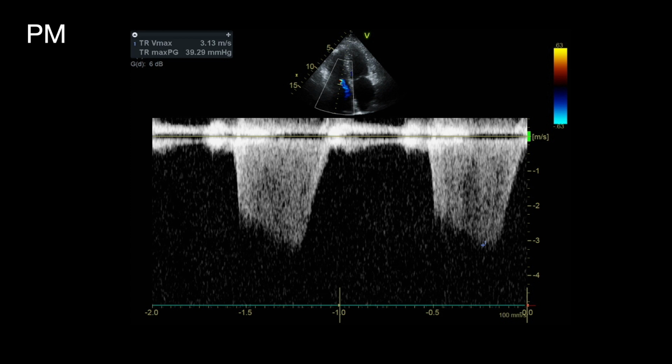They're not lining up completely, and that risks underestimating the maximum velocity of that TR jet, which is probably why the number is lower than the ones we saw in previous slides where it was around 50.